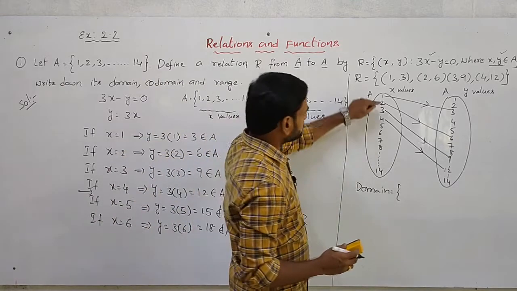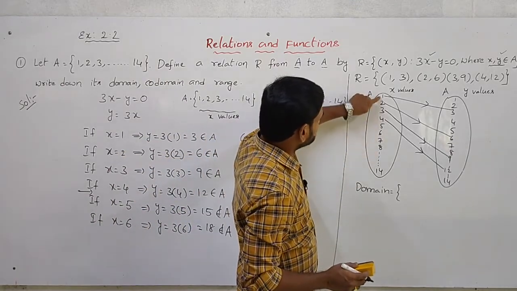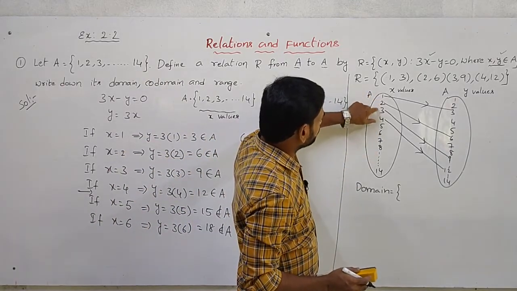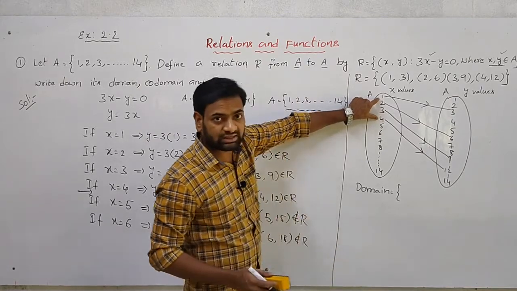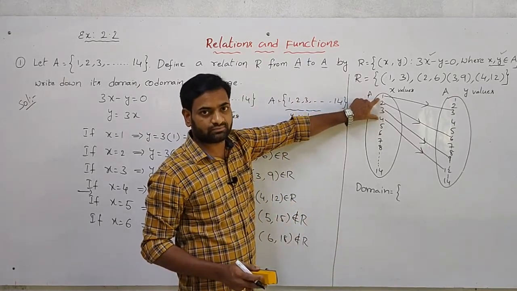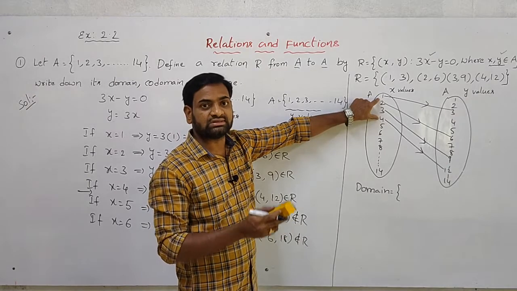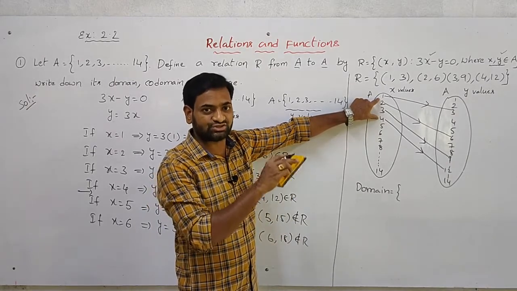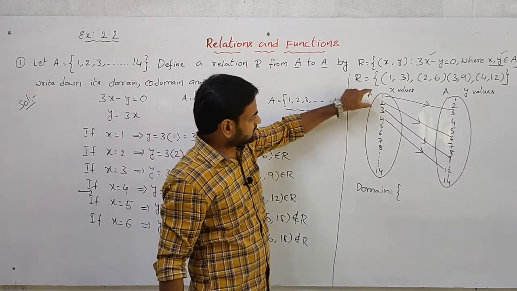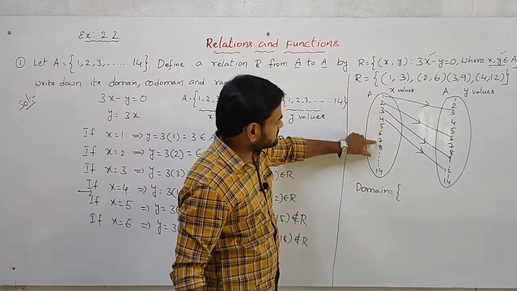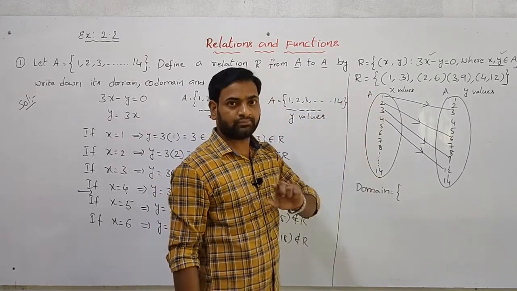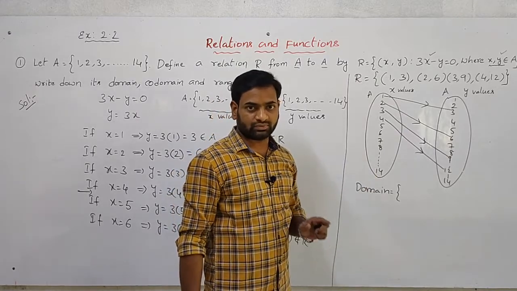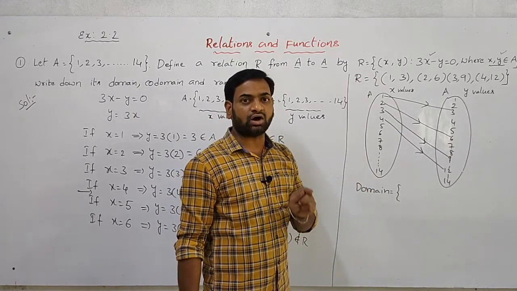See here, these are the first elements: 1, 2, 3, 4. These 4 elements only are in the relation. In the relation means they have mapping. So the remaining 5, 6, 7 up to 14 have no mapping, which means they are not in the relation.